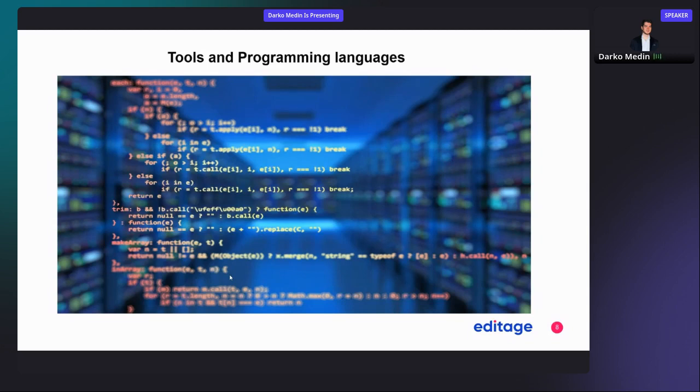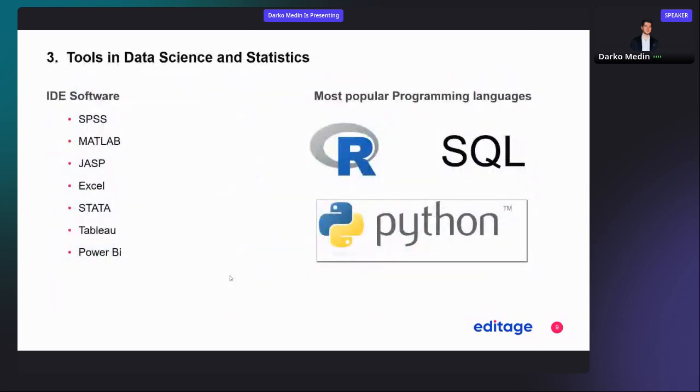In fact, they're very logical. That's why they're called programming languages. So they're very logical, and with certain amounts of learning, they get easier and easier. So it is also one aspect to consider that different types of tools are used in data science, but also different types of programming languages.